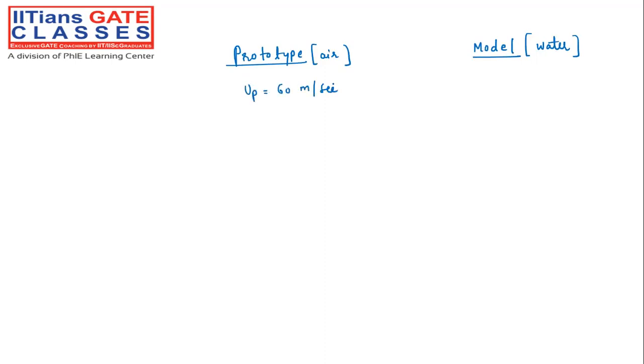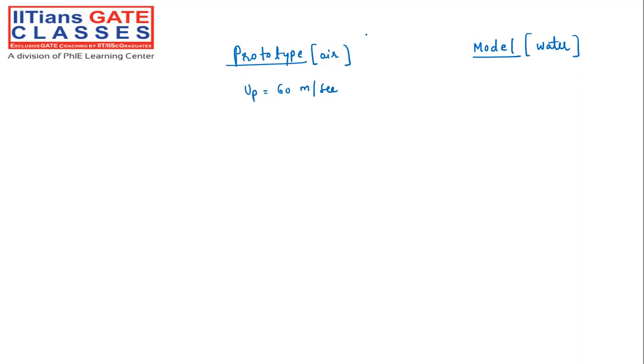First of all, we will categorize into two segments: prototype and model. The prototype has been tested in the air. The model has been tested in the water. Now, U infinity or U of prototype is 60 meters per second, given in the problem.